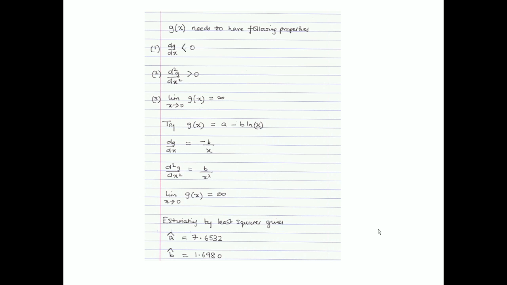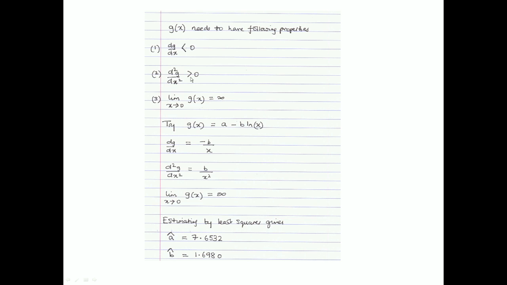If we think of this curve as being a curve of the form g of x, where g is the growth rate and x is the initial level of productivity, it needs to have the following properties. First of all, its first derivative should be negative, so it should be downward sloping. But its second derivative should be positive.